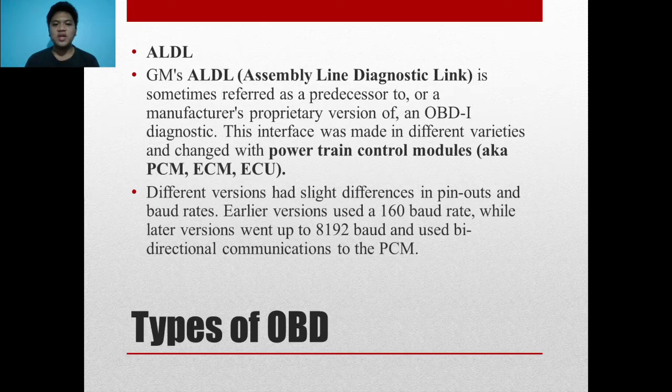This interface was made in different varieties and changed with powertrain control modules, aka PCM, ECM, or as we all know, ECU. Different versions had slight differences in pinouts and baud rates. Earlier versions used a 160 baud rate, while later versions went up to 8192 baud and used bidirectional communications to the PCM.